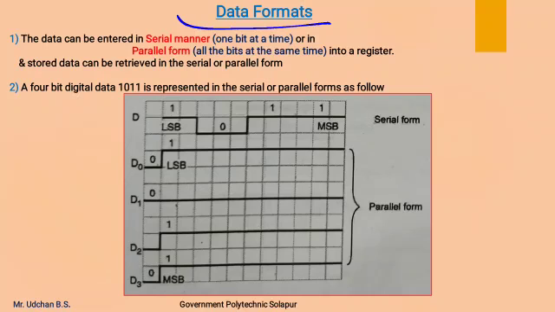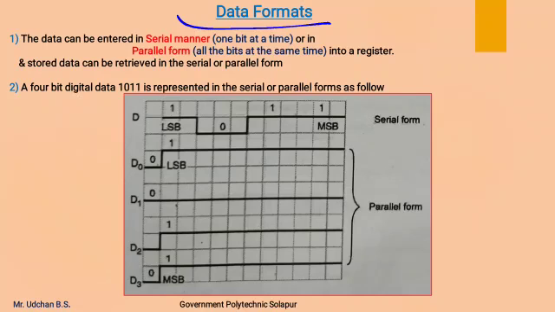The only difference is that in serial data format we send or receive a single bit at a time, whereas in parallel form we send or receive all the bits of a given data at a time.